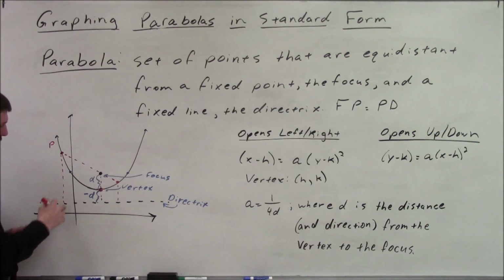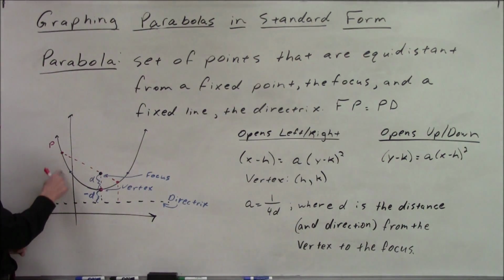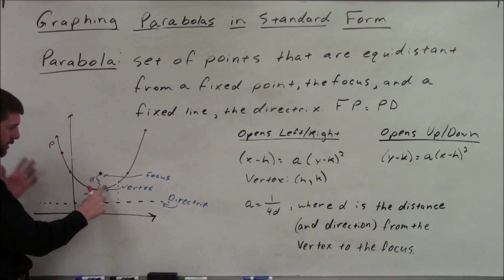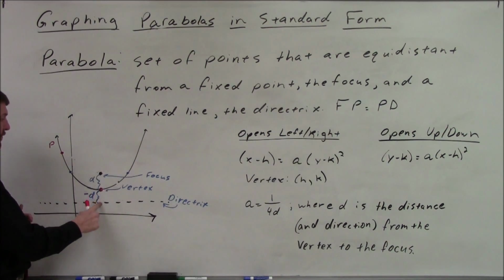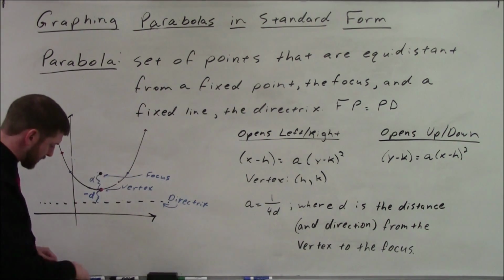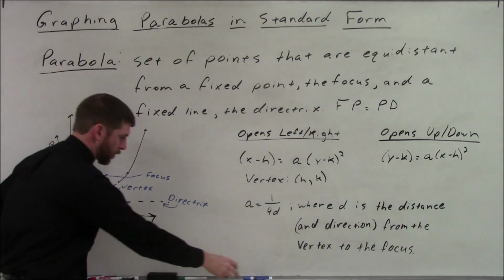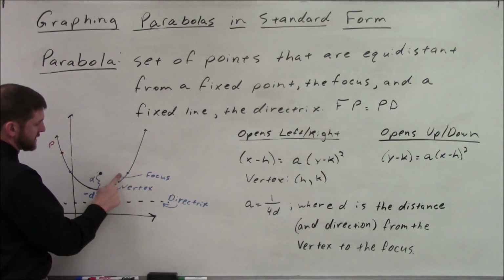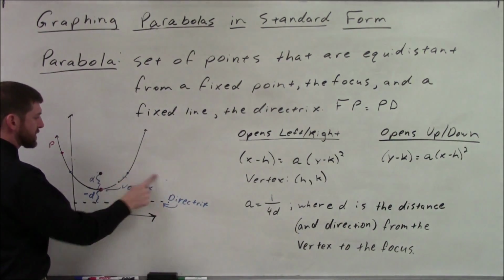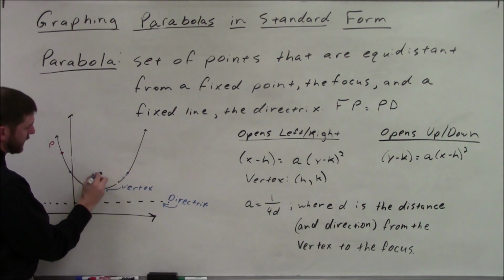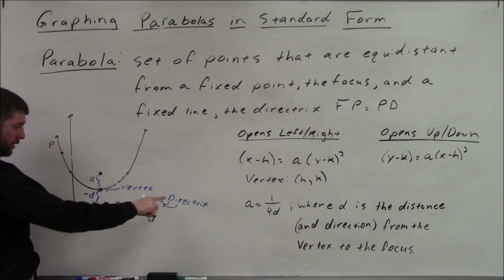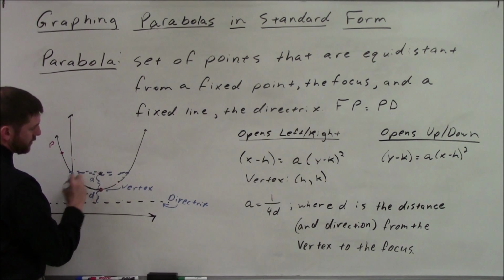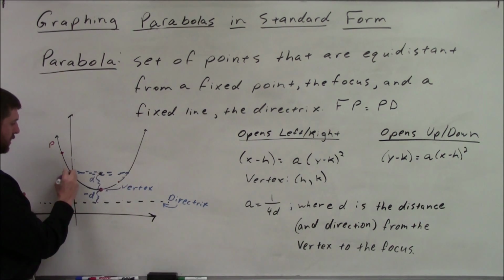So that's all the information as far as how wide to graph, because we're not going to focus a lot in this course in Algebra 2 or in trig on exactly how wide to draw this. But if I wanted to get a little more in detail, I'll just talk about this briefly. This line right here runs parallel to the directrix through the focus and ends on the parabola.